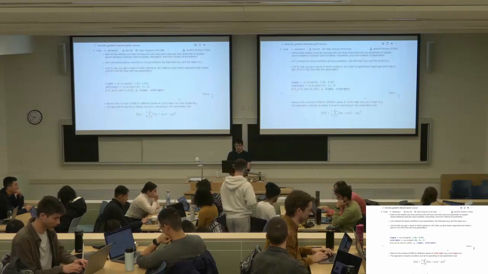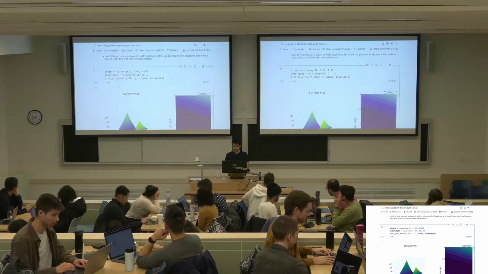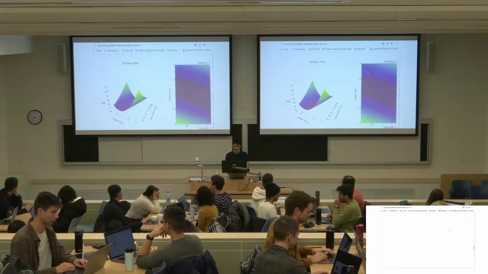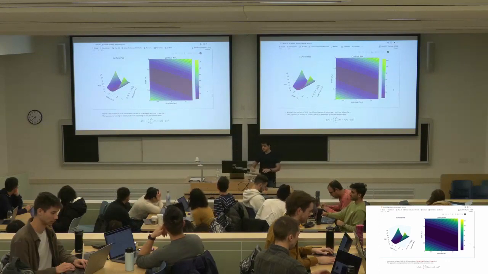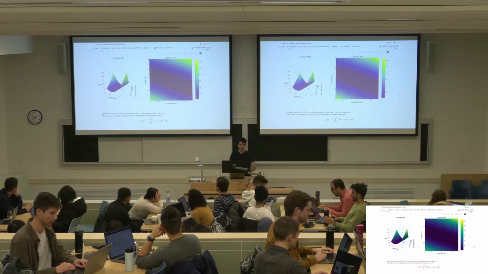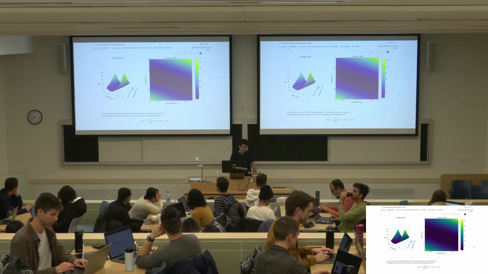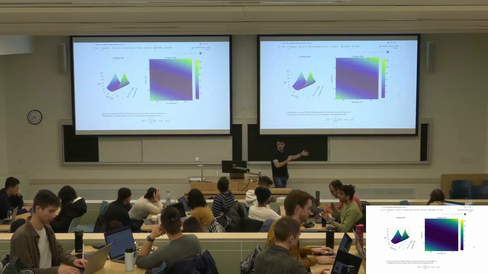Okay, so here I'm considering both the slope and the intercept, and in this case, the loss function is no longer a line in 2D, it's actually a three-dimensional surface. Here you can see the loss function, and on the x and y axes you can see intercept and slope, W0 and W1.